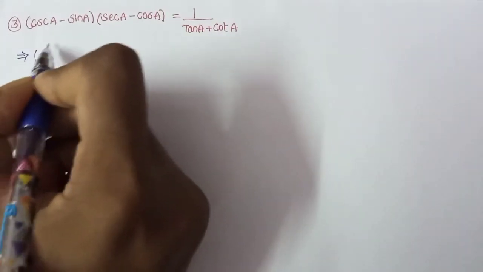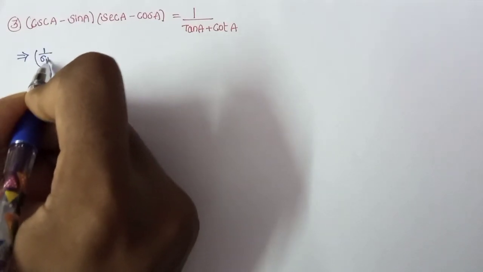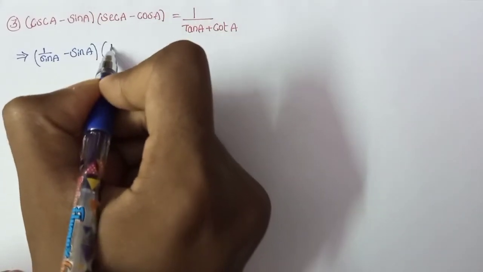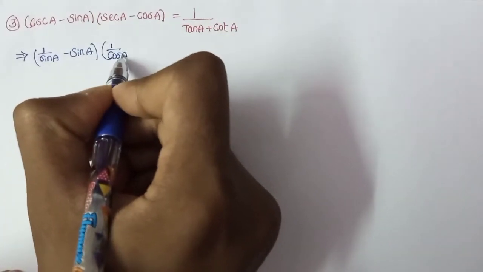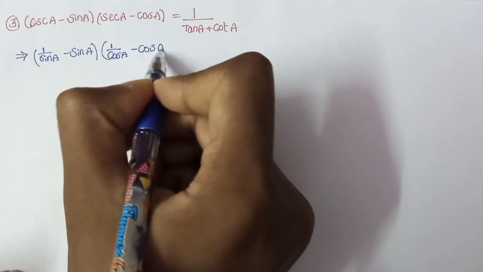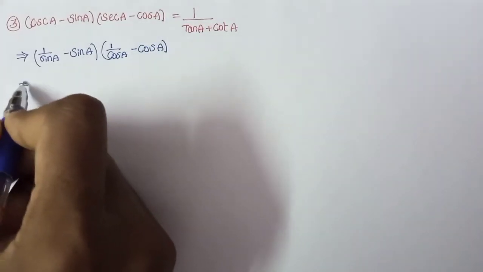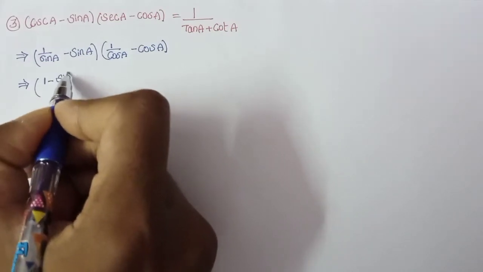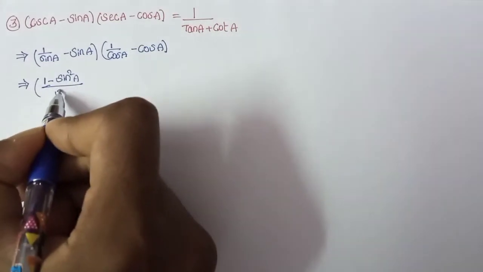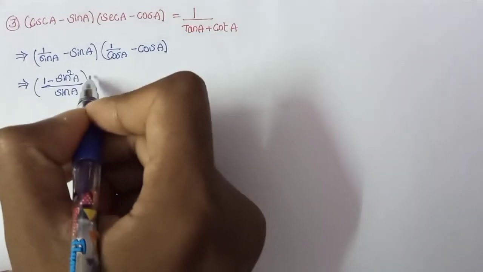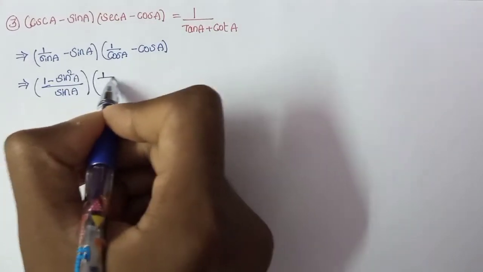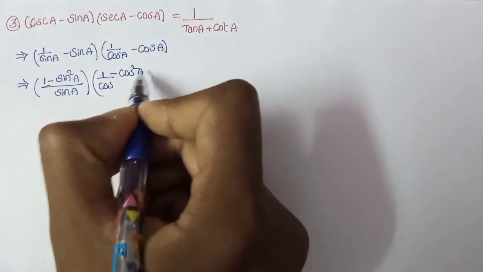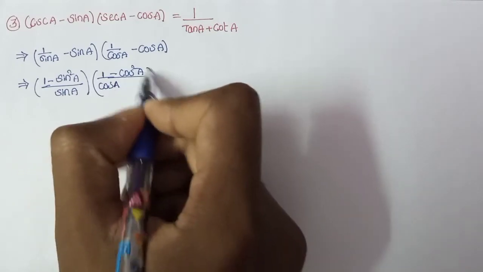Cosec A is 1 by sin A, minus sin A; sec A is 1 by cos A, minus cos A. So it in turn indicates (1 − sin square A) divided by sin A, and (1 − cos square A) divided by cos A.